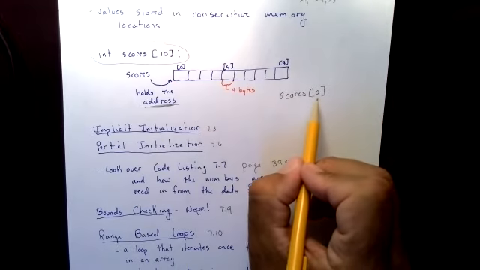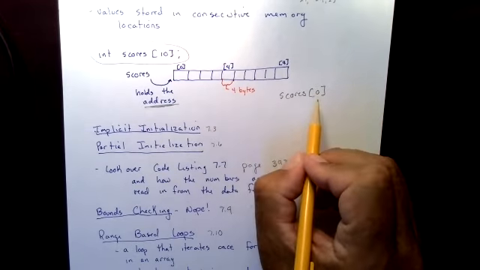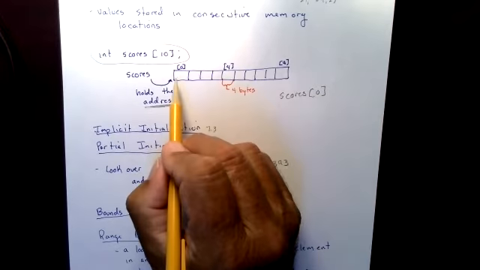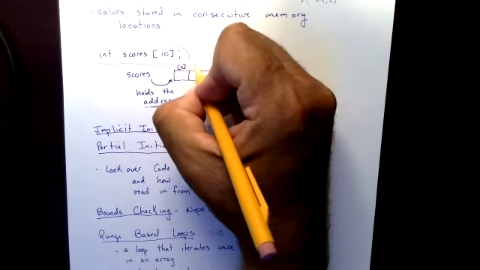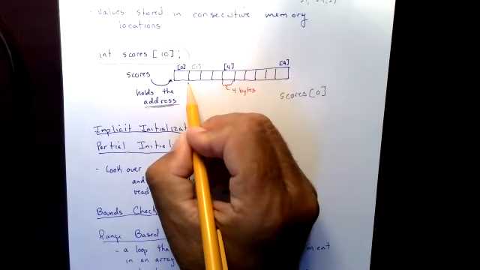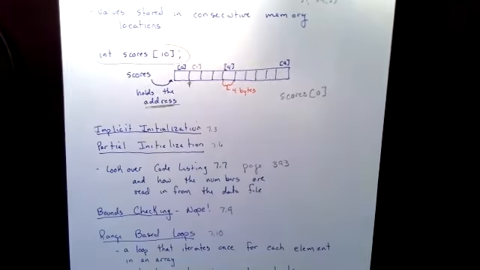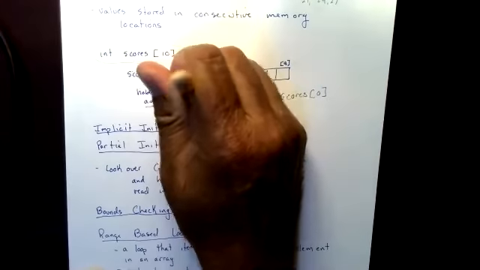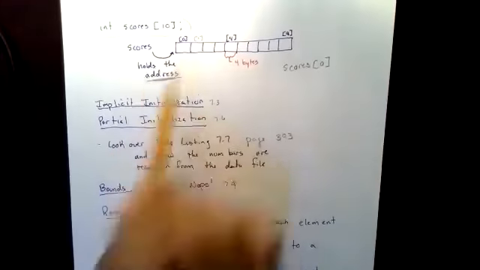If that was a 1, think of it as going to scores and then moving over 1 times 4 bytes, which would move me to where my second subscript would start, this memory location. So start to think about it that way, because later that's going to become really important when we compare arrays to vectors, about moving over those blocks of 4. A little bit more than what you had back in 121, with an explanation of what's going on.